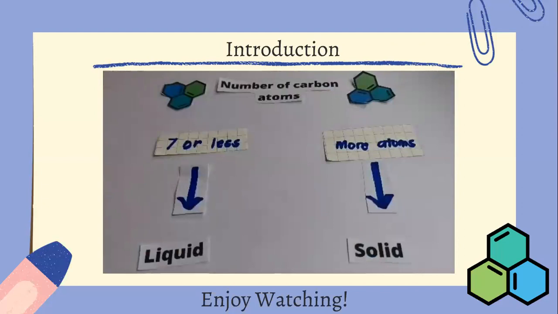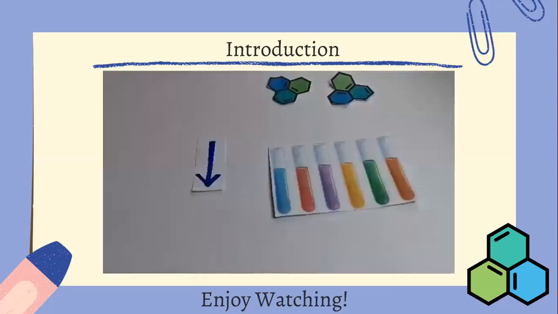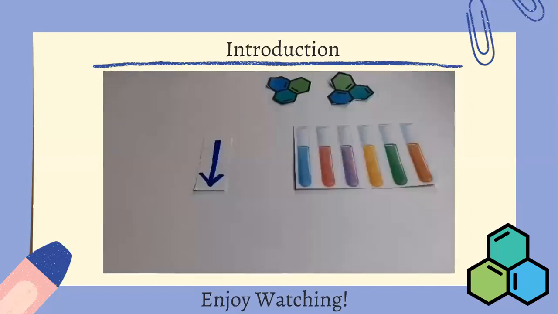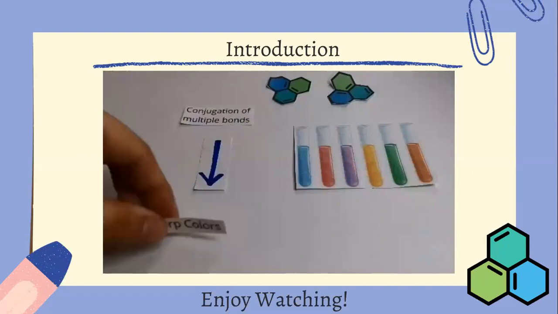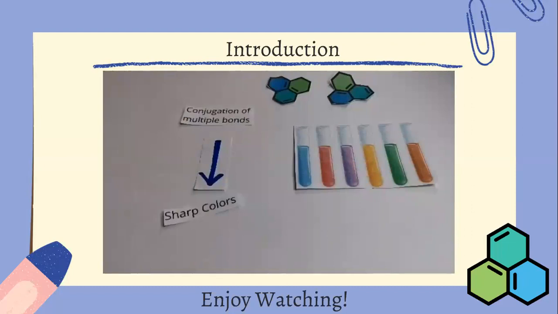Ionic compounds also almost exclusively turn out to be solids at room temperature. Color in an organic compound often indicates extensive conjugation of multiple bonds. The presence of 4 or more conjugated multiple bonds will usually give rise to sharp colors, often exhibited by certain groups of compounds such as aldehydes.